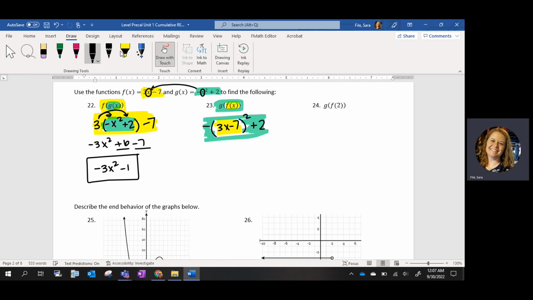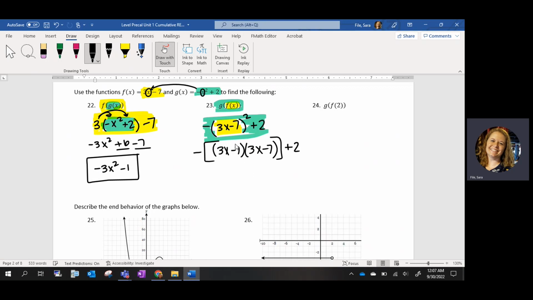So then I need to simplify. This one's going to be a little more complicated because you have a binomial, a 2-term expression, being squared. So that means I'm actually doing 3x minus 7 times itself. And all of that has to be done first, order of operation wise. And then there'll be a negative outside there that'll get distributed, and then there'll be a +2 that gets combined.